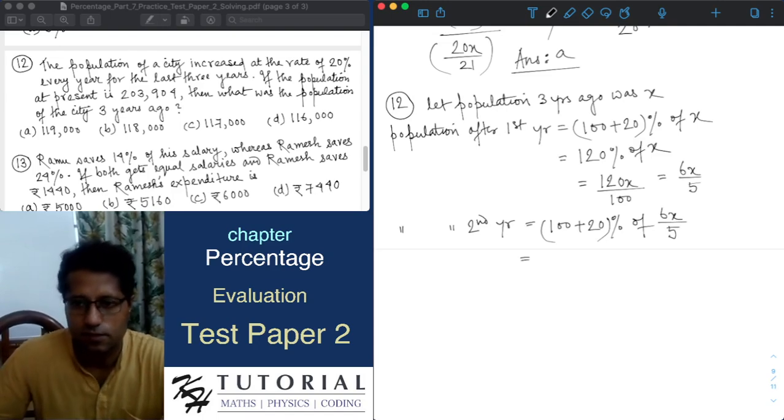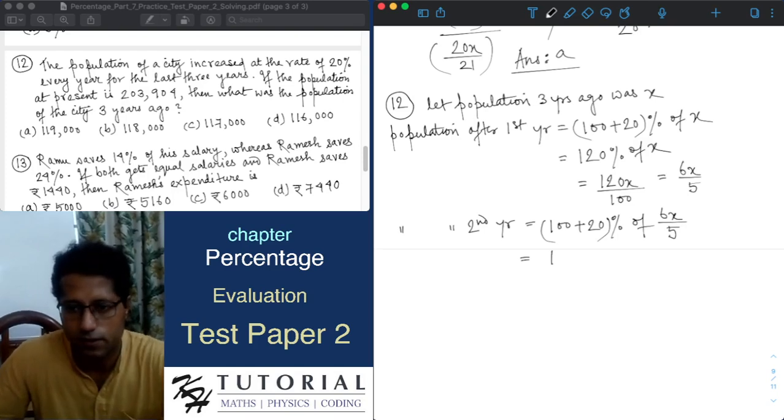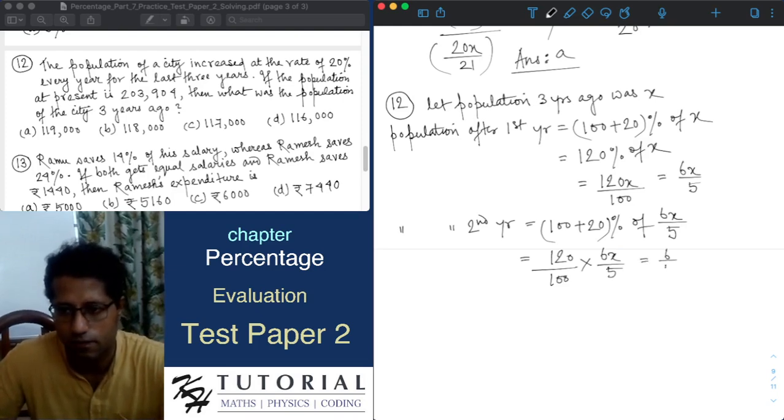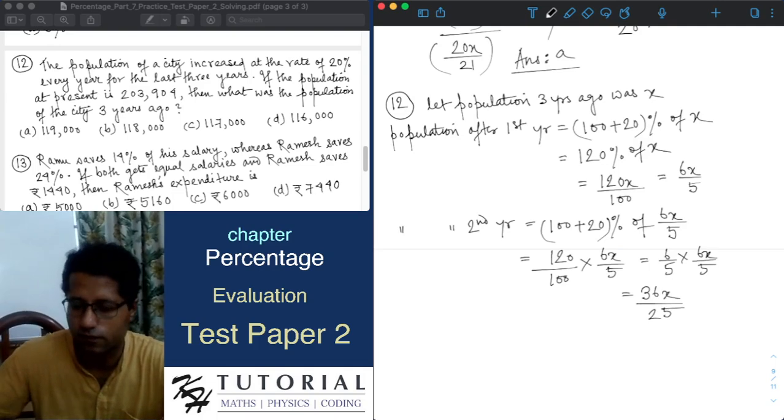Now we can see that 120% is 120 by 100 multiplied by 6x by 5. This is equal to 6 by 5 multiplied by 6x by 5. So this is 36x by 25.